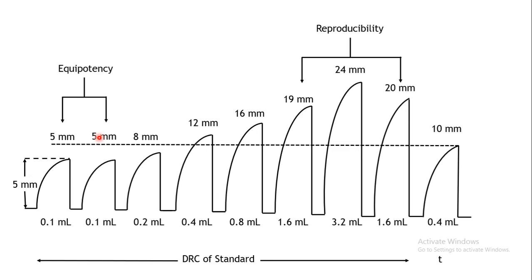So this indicates that your tissue is stable. This indicates the equipotency. Two consecutive responses, one after the other, must be the same or almost similar height. That indicates your tissue is stable, and this particular phenomenon is known as equipotency: repetition of the first dose till you get equal heights. Now this is the way you are supposed to measure the height of your response.